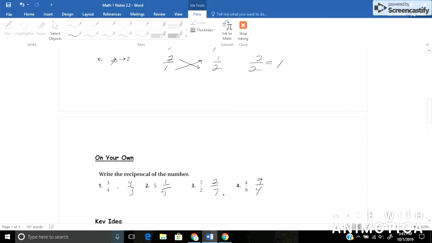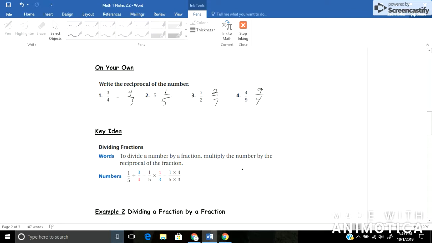Okay, moving on to the key idea. This is going to explain to us today how we need to divide fractions. It says to divide a number by a fraction, multiply the number by the reciprocal of the fraction. Okay, just what I was saying before, how it's kind of weird when we divide fractions. We actually don't use division at all. We use multiplication and we use the reciprocal. Okay, let's see how they did this. The original problem is 1/5 divided by 3/4.